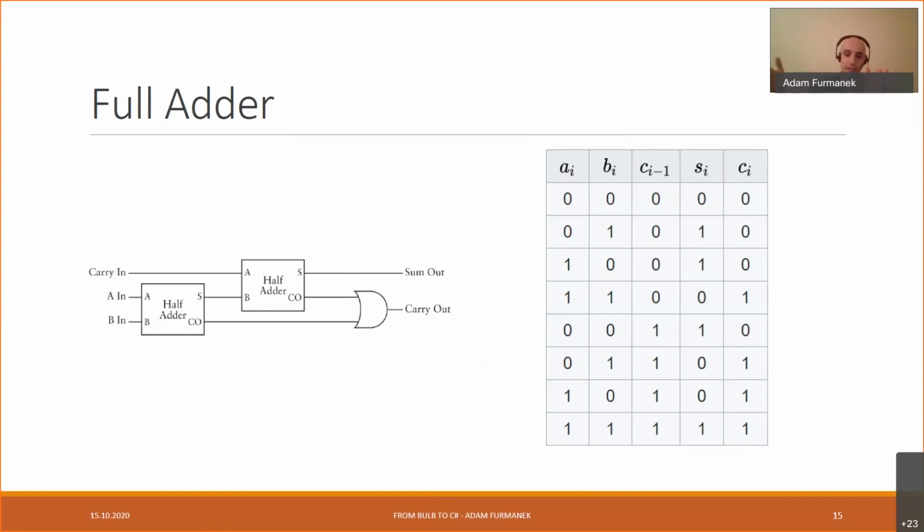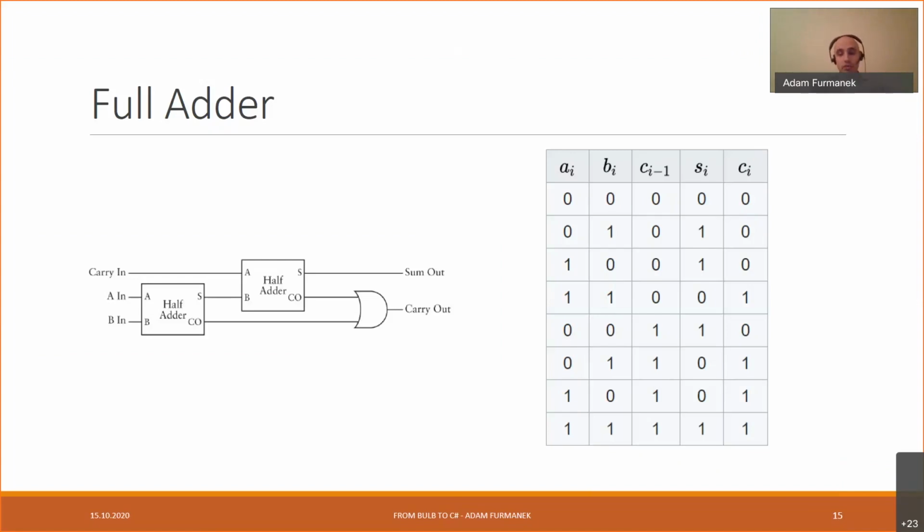Once we build this, we can build a series of these adders, because this particular adder only adds 2 bits, right? It doesn't add a 32-bit long integer or something like this. It just adds 2 binary digits with 1 carry.